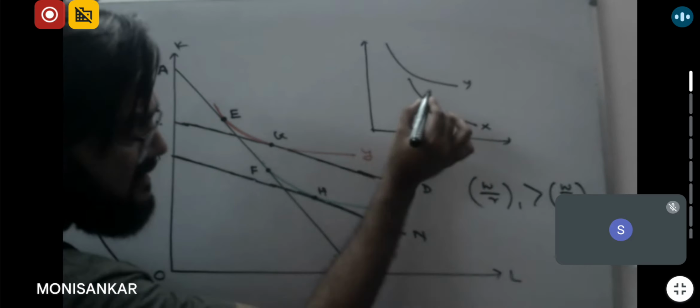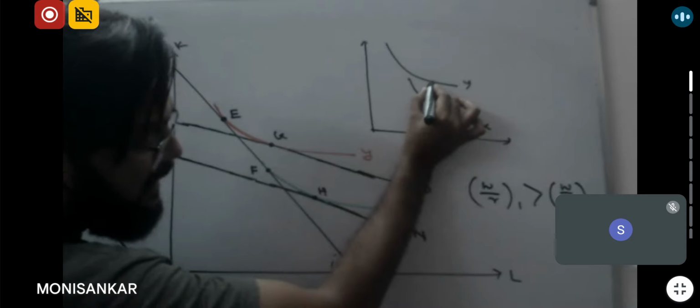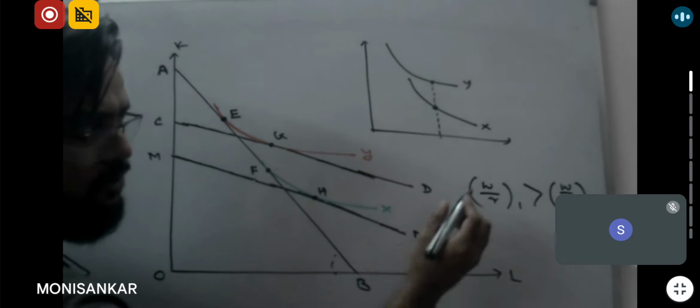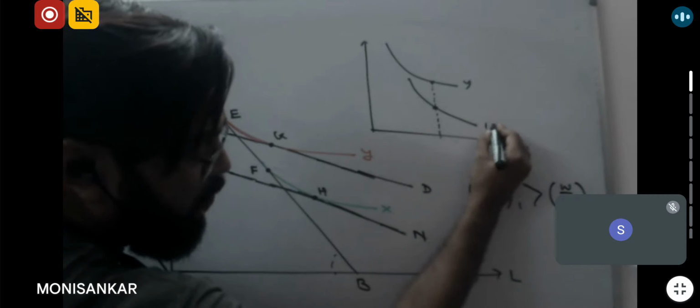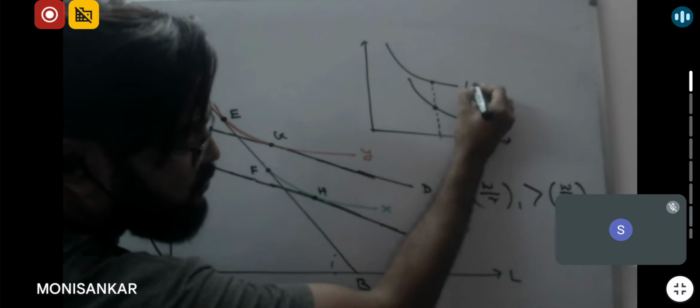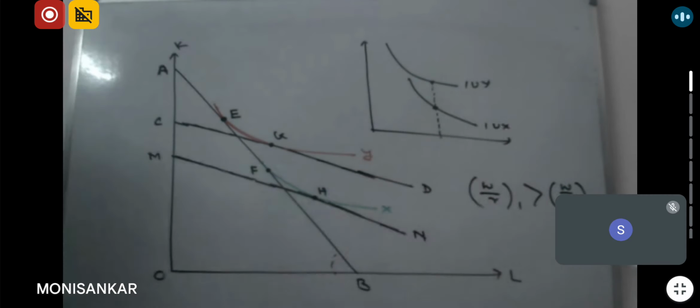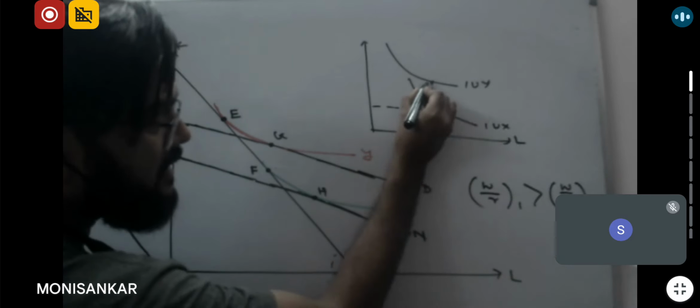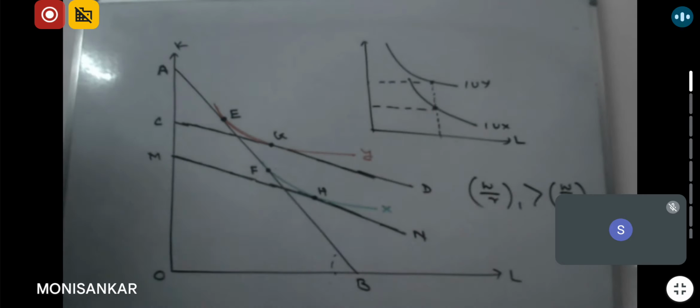And here, if you take any output and the same amount of labor, this implies a unit isoquant, that is, to produce 1 unit of X and to produce 1 unit of Y. So if you consider the same amount of labor, just check: your capital requirement is higher.